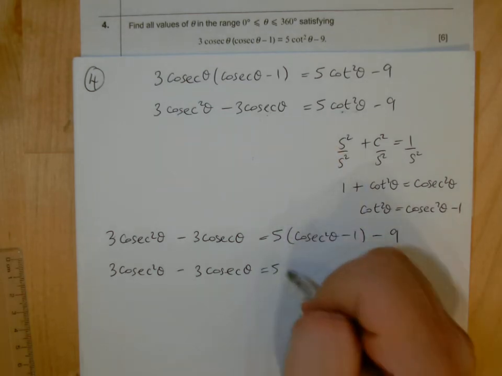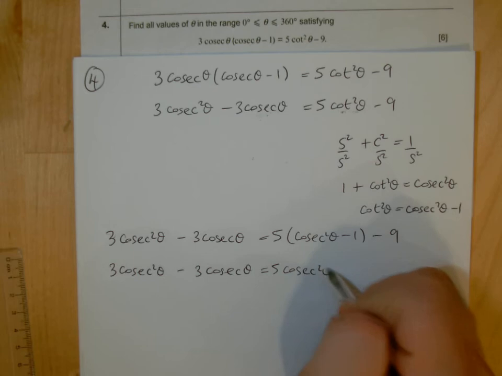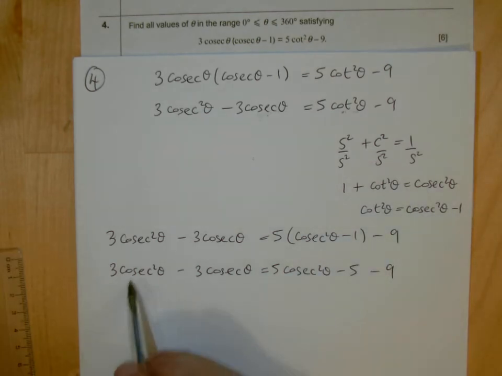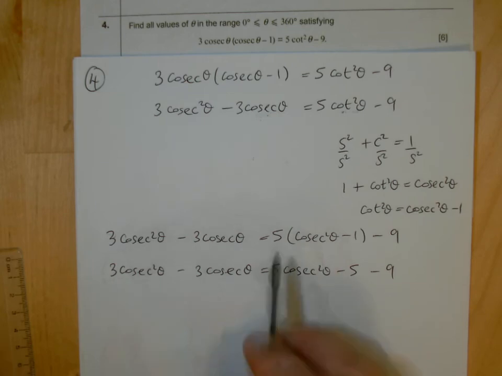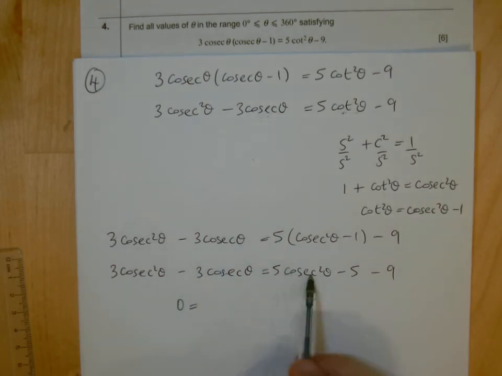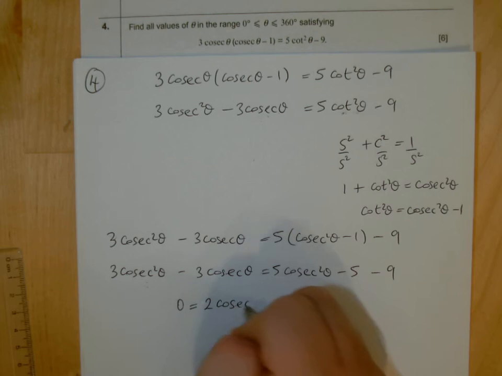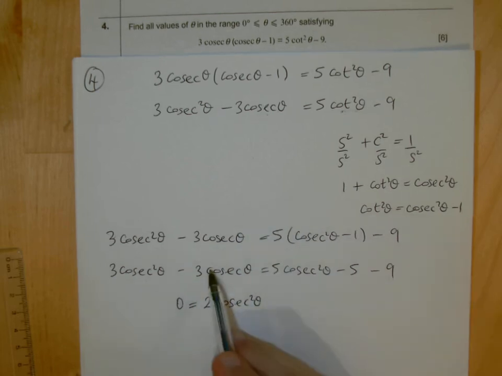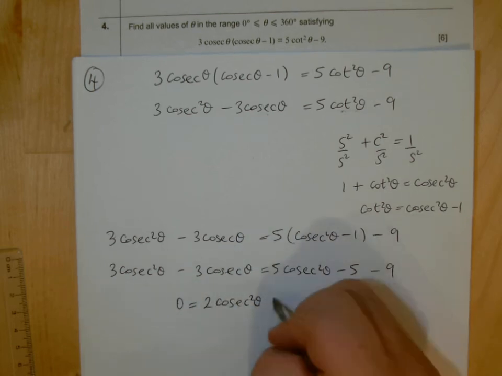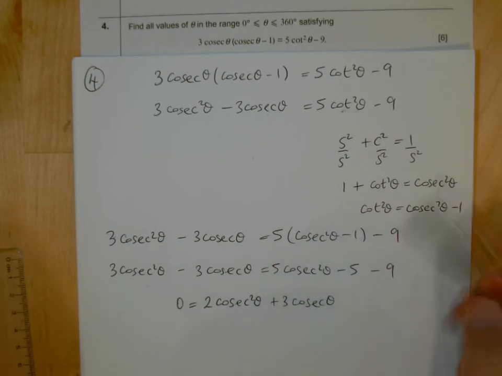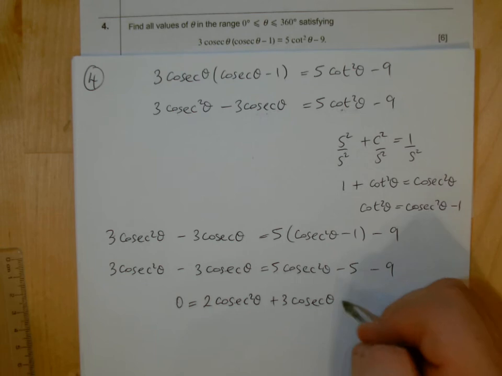So 5 cosec squared theta minus 5 minus 9. What I do then is take everything over to the right hand side. So I'll have 0 equals, if you think about it, I've got 5 cosec squared theta. If I take that over, it's going to be minus 3 cosec squared theta, so I'll have 2 cosec squared theta. Take the minus 3 cosec theta over, so that'll be plus 3 cosec theta. And then minus 14.